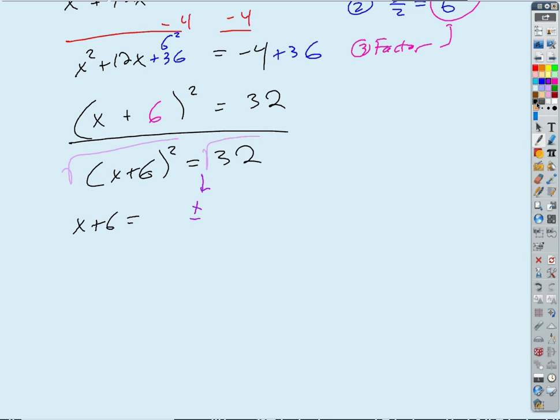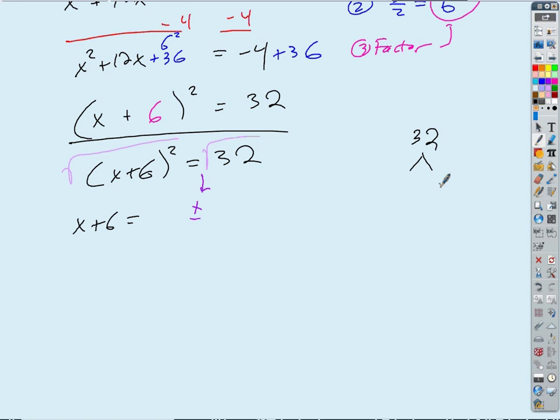And then I got to make a factor tree for 32, right? Okay, let's be really smart about this. If I can factor 32, what I'd really like to do is factor it into factors that include a perfect square. And the biggest perfect square, the bigger the better. So what are perfect squares? Okay, so I did 4, 9, because I'm squaring numbers, right? 4 squared is 16, 5 squared is 25, etc.